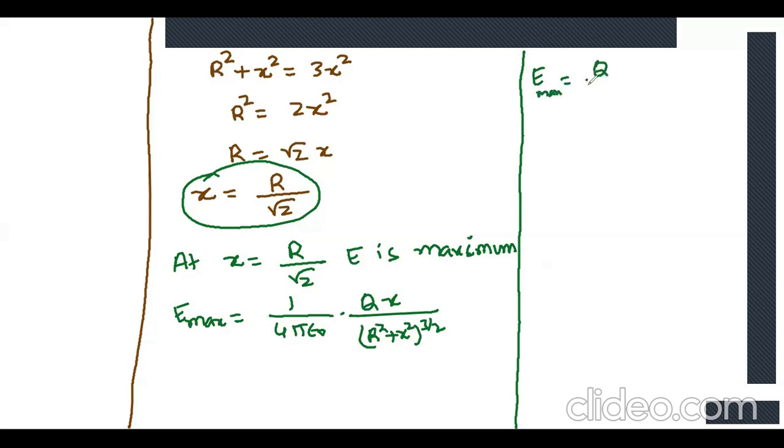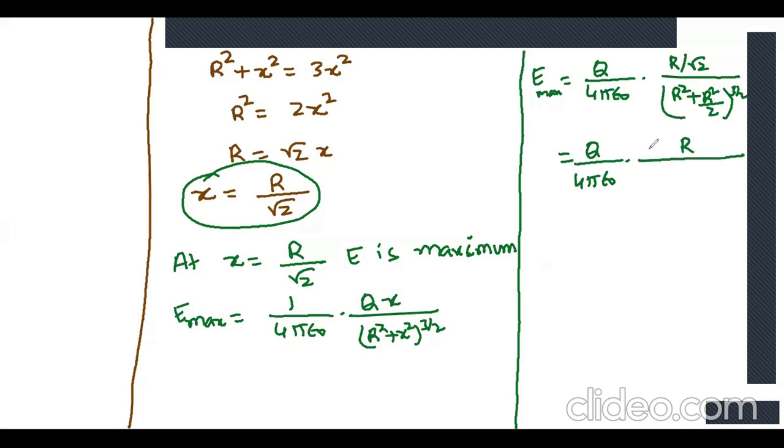That is Q by 4 pi epsilon naught, r by root 2 by (r square plus r square by 2) whole power 3 by 2. That is Q by 4 pi epsilon naught, r by root 2, I'll write as 2 power half, here it is (3r square by 2) whole power 3 by 2.